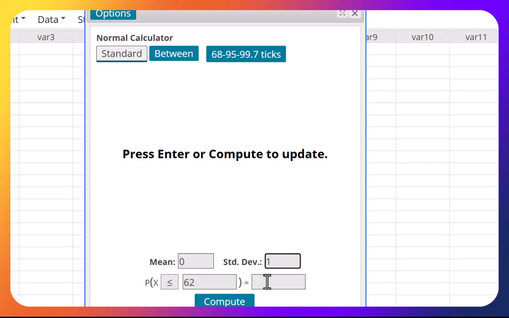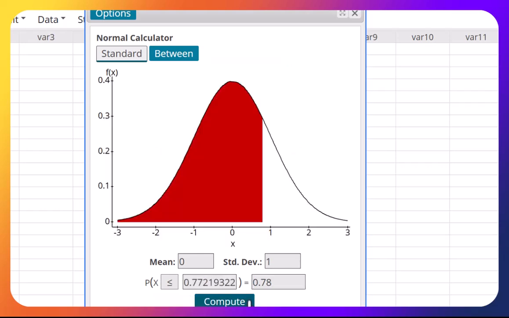The area goes right here, so I'm going to put 0.78. Since it's an area to the left, we leave the less sign. The less sign is for area to the left, and the greater sign for areas to the right. Just hit compute and you get the z-score. So the z-score is 0.77. This is how you do it using StatCrunch.